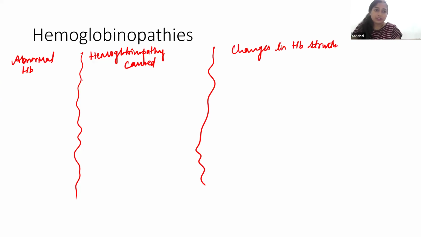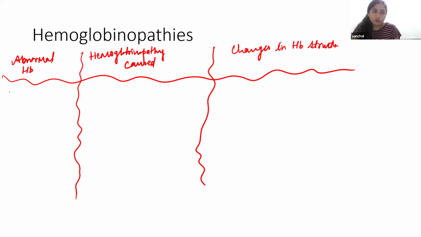First we have hemoglobin S, the most common form that we get. The hemoglobinopathy for hemoglobin S is sickle cell anemia.